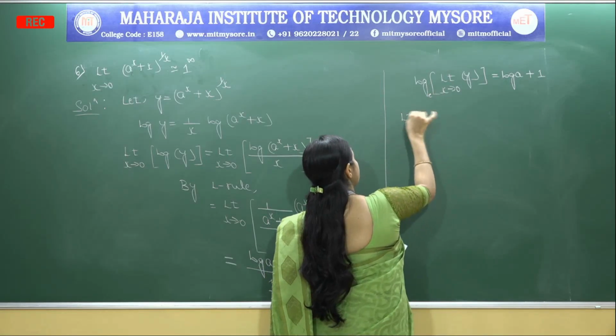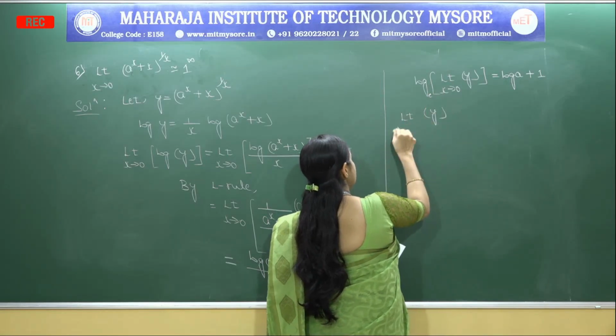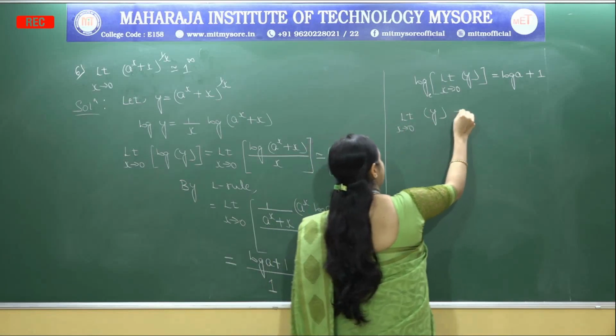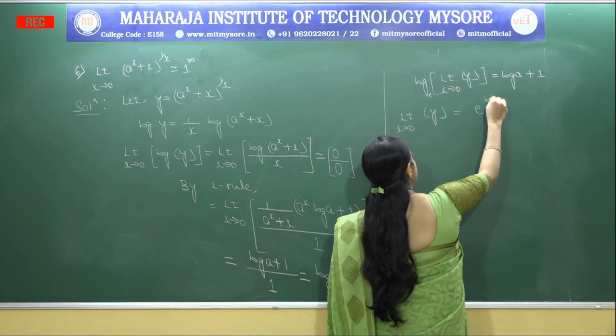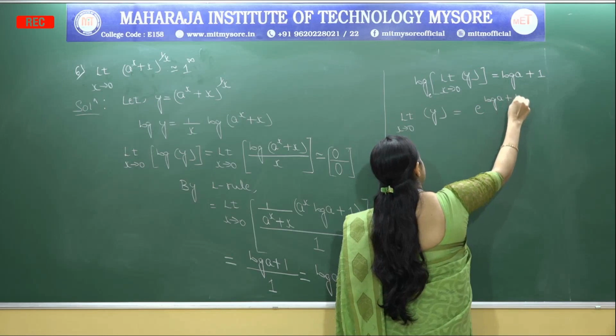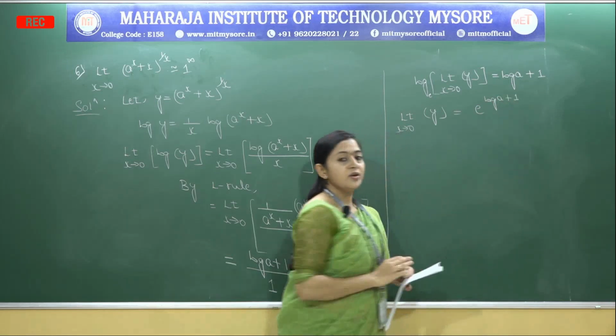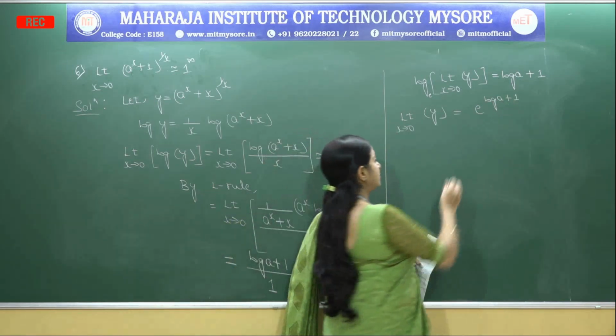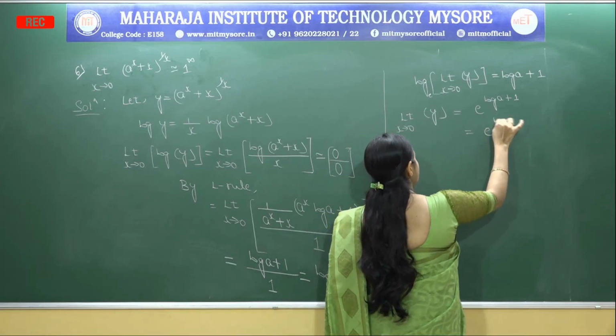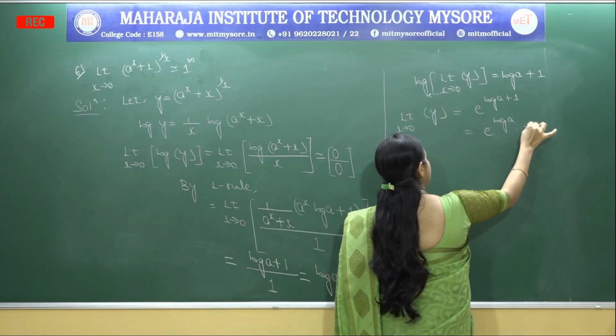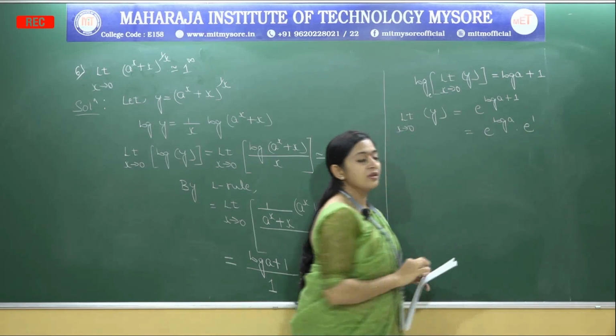So it is limit y as x tends to 0 e power log a plus 1. You can spread the exponential power. It is e power log a into e power 1.